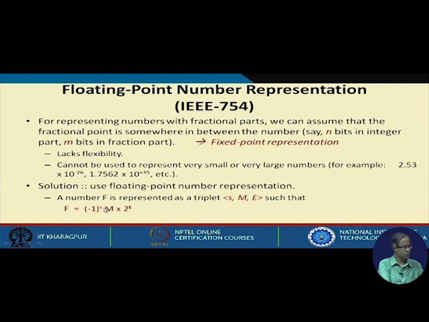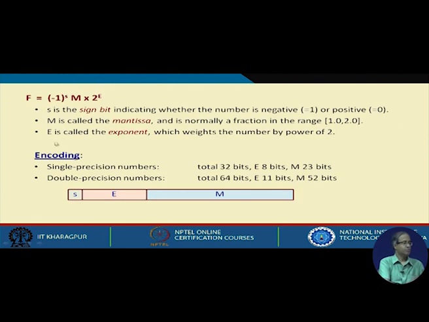If s is 1, number is negative, if s is 0, number is positive. So, coming again to this representation, as I said, s is the sign bit. This indicates whether the number is negative, for which s is 1, or it is positive, for which s is 0. This m is conventionally known as the mantissa, and I will explain a little later why.